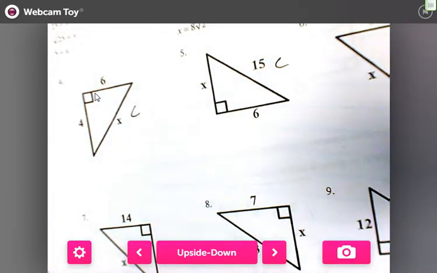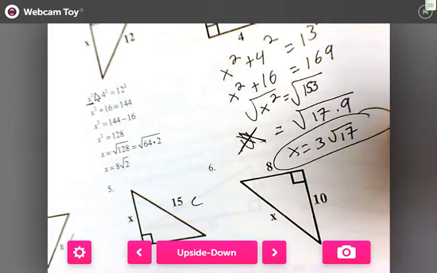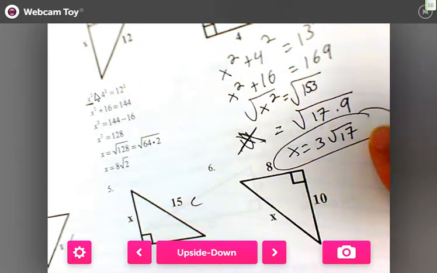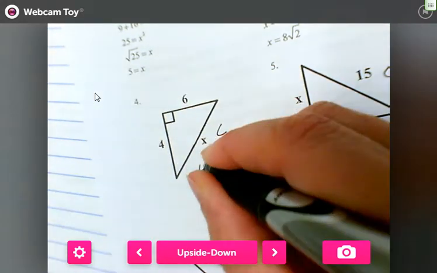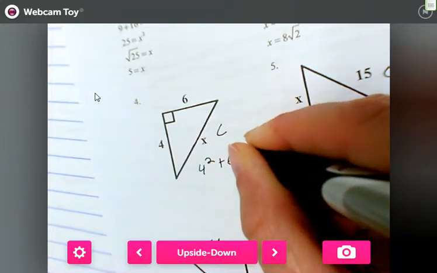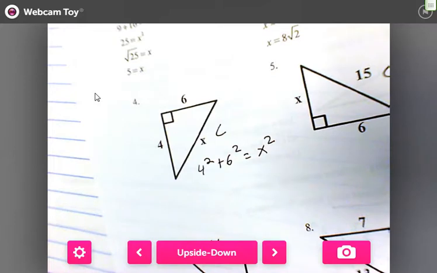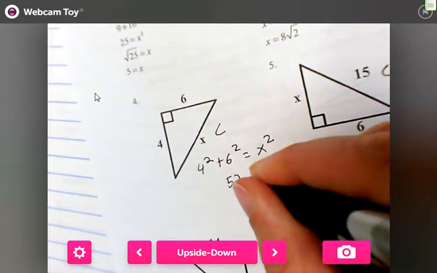Okay. I think we should do one more just because I think you guys got the Pythagorean theorem stuff set out. It's simplifying it like we do here. So let's try one more. So x is my c, so I know I have 4 squared plus 6 squared equals x squared. So 4 squared plus 6 squared gives me 52 equals x squared.